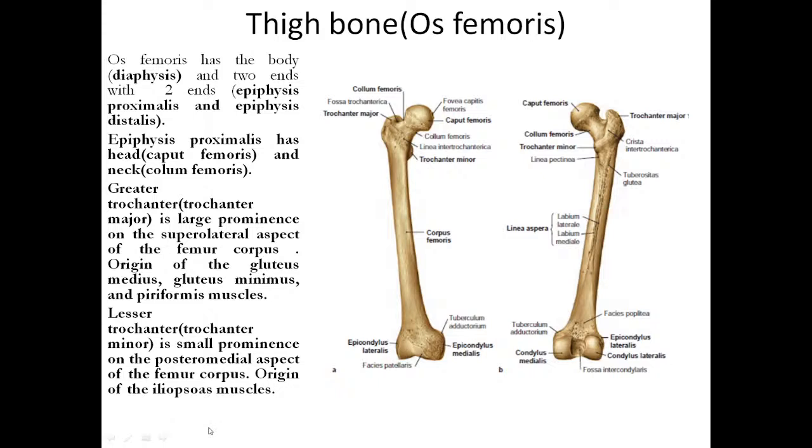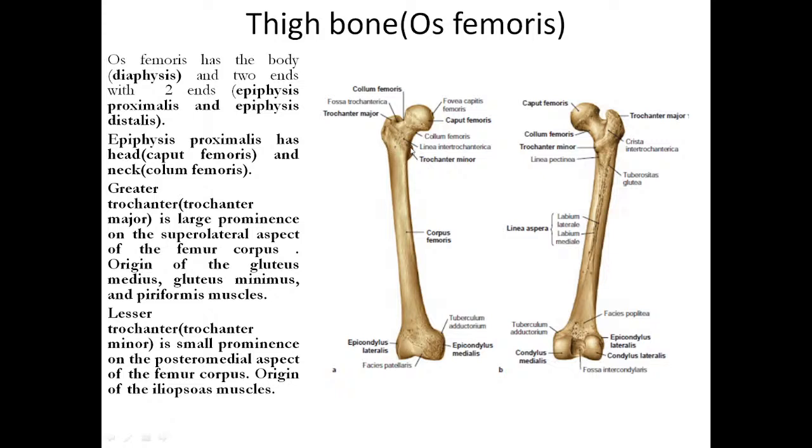Next, the free limb. You see the thigh bone, os femoris. Os femoris has a body named diaphysis and two ends, epiphysis proximalis and epiphysis distalis.